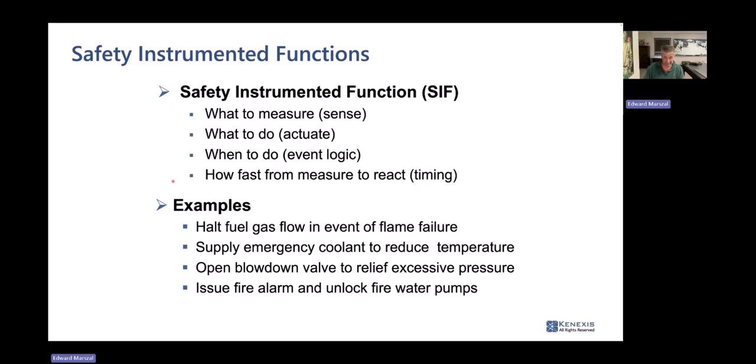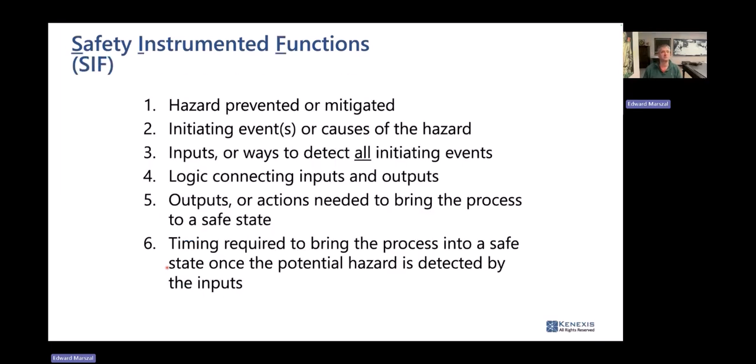So this definition should be early on during the hazard and risk analysis phase. So an example would be I need to stop fuel gas flow in the event of a flame failure. I might need to supply emergency coolant to reduce temperature, open a blowdown valve to relieve excessive pressures, or issue a fire alarm and unlock fire water pumps.